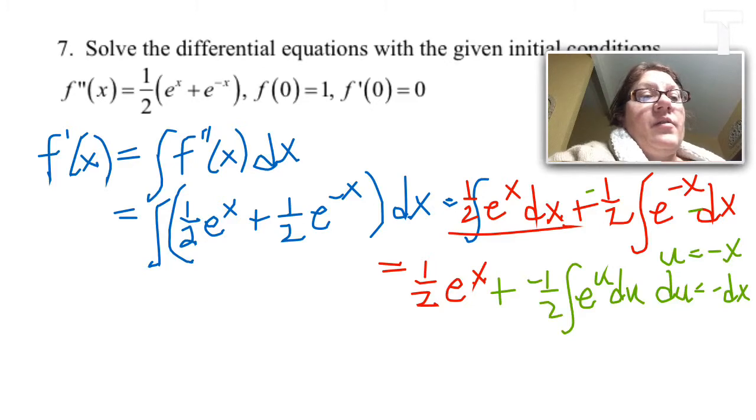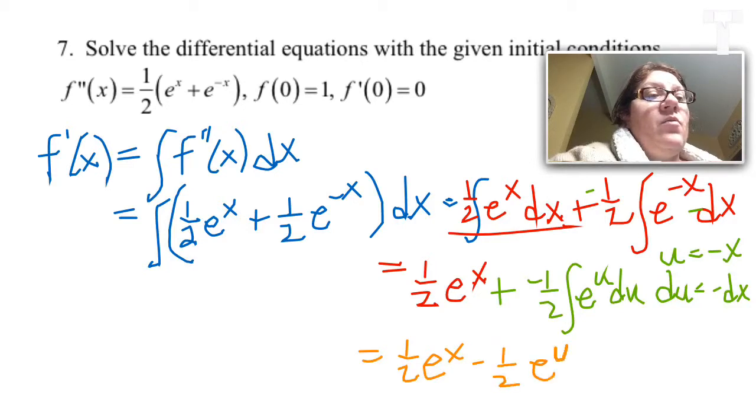So all of this, of course, remember the first piece I already integrated, and then minus 1/2, which will be e to the u plus c, and that e to the u is really e to the negative x.